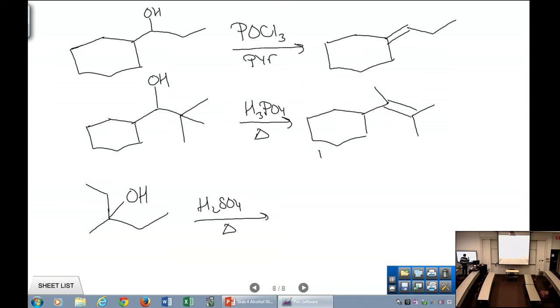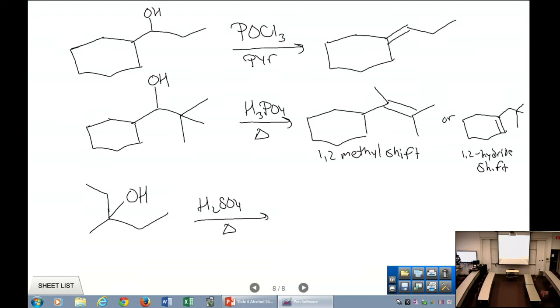So this is from the 1,2-methyl shift, or it would be from a 1,2-hydride shift. If you're asked on an exam, I would take either one. This isn't exactly the greatest problem ever. And then this one, you get that product there.